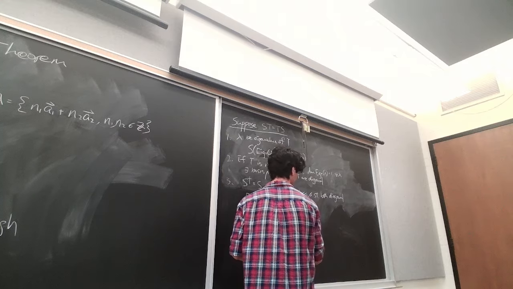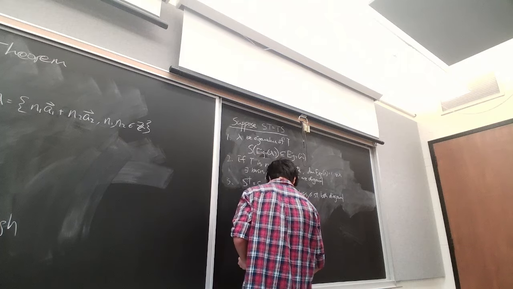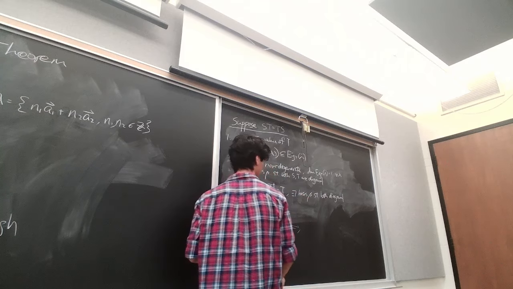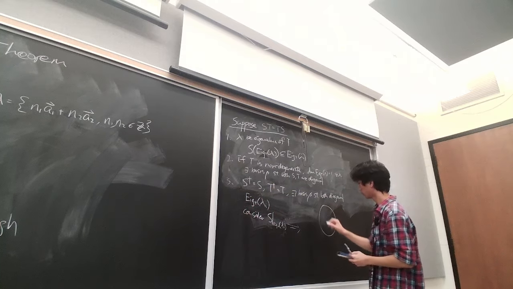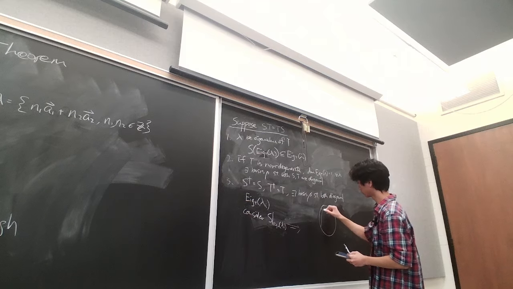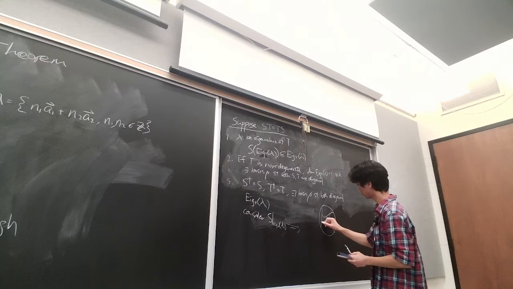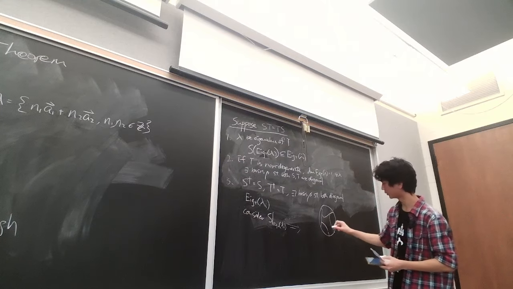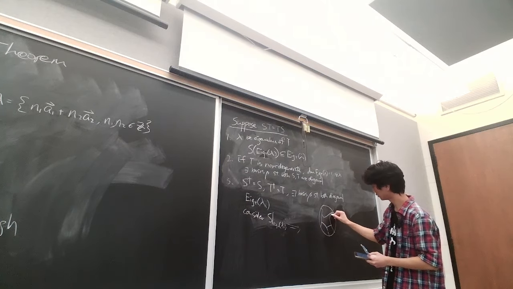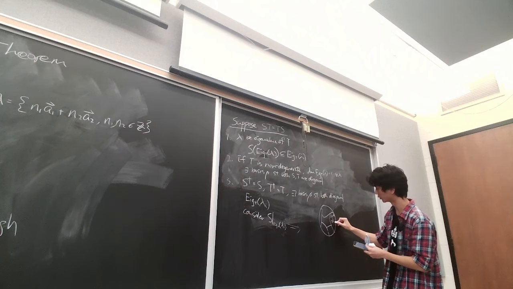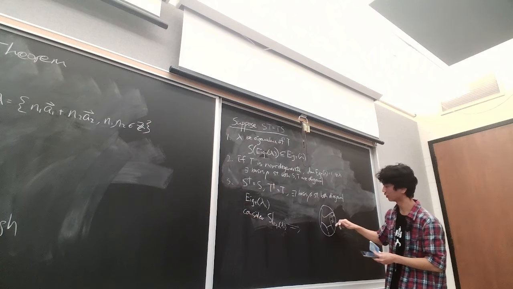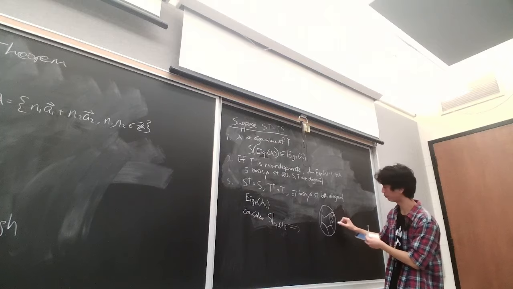You should draw a picture again. And you should in fact draw essentially the same picture that you drew last time. So these are some eigenspaces of T. And then S restricted to each is an operator that maps back to itself.